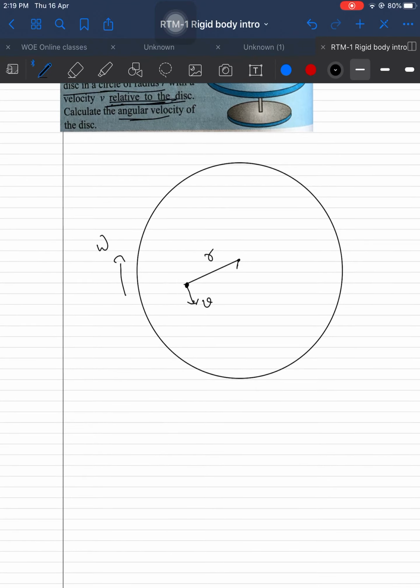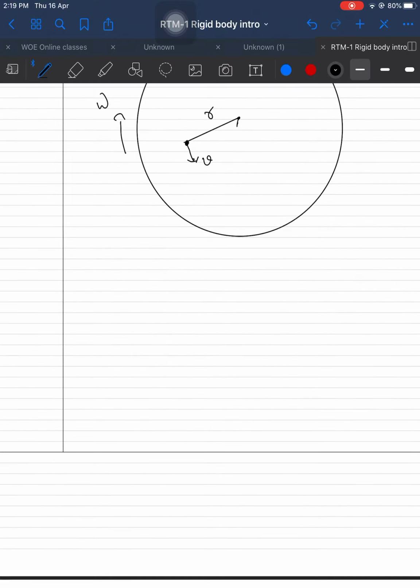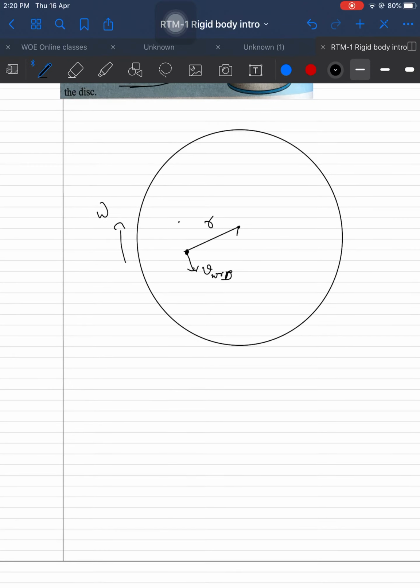Do you remember linear momentum? When we do linear momentum, a man is standing on a plank. With respect to the plank the man jumped, but we consider velocity with respect to the earth. Similarly here, this is with respect to the disk.